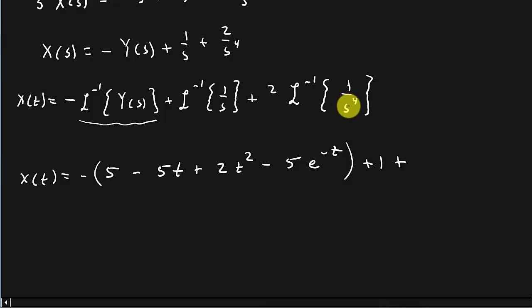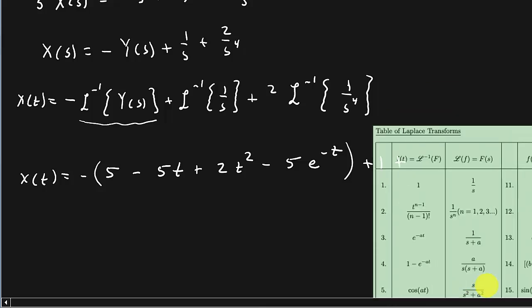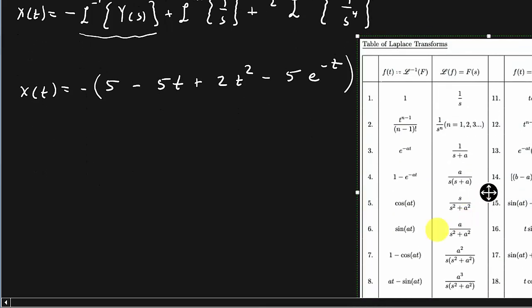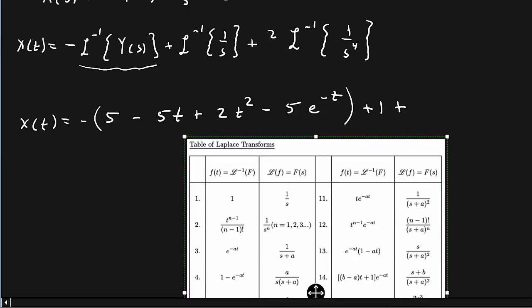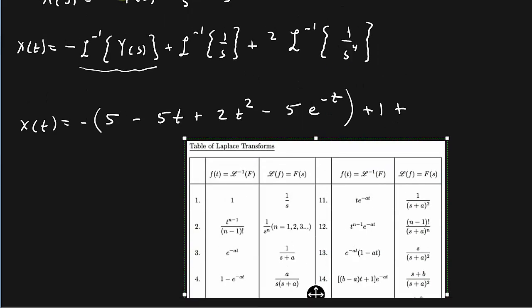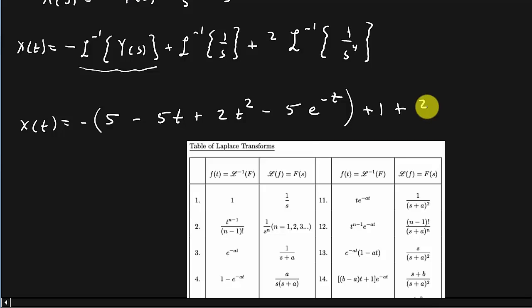And then plus, now we went over this. n is 4. I'll bring it back over here in case you need to see it again. So n is 4, so that's going to be 2 times t to the 4 minus 1 over 4 minus 1 factorial, which is t cubed over 3 factorial, which is t cubed over 6.